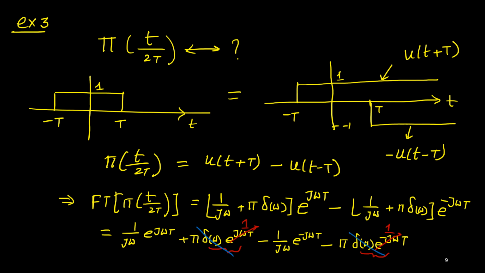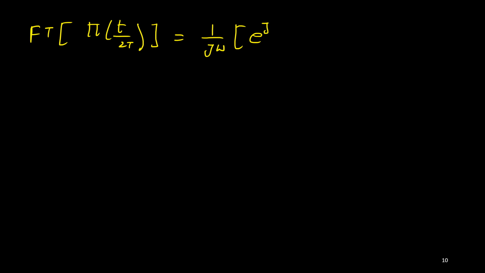So the Fourier transform of that pi t upon 2T is 1 upon j omega, that is common, times e to the power j omega capital T minus e to the power minus j omega capital T. Now we can rearrange this one.